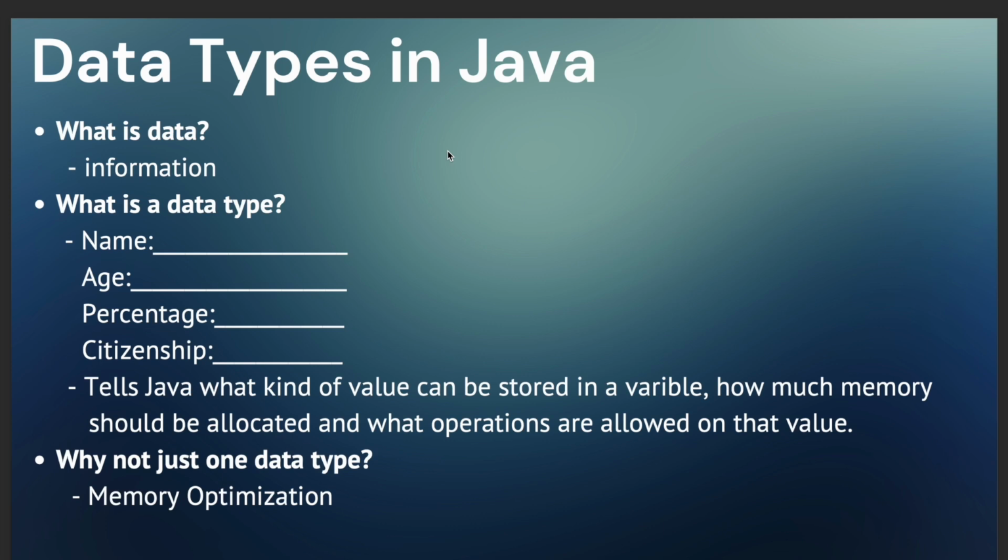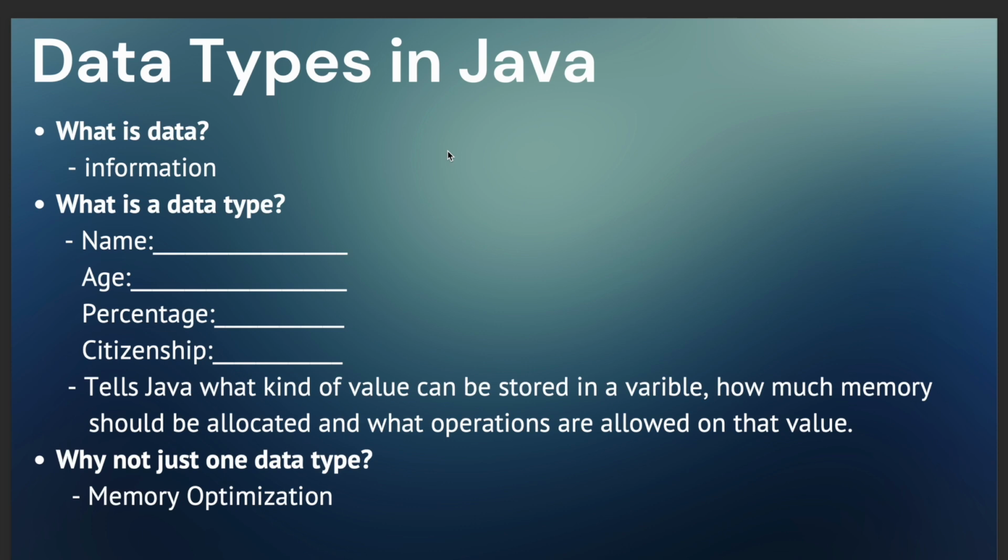Different applications store different kinds of information, but they all have one thing in common: they process data. Whether you are building a banking application, an e-commerce website, or a game, your program is constantly working with data. Let's look at some everyday examples: your name, your age, your salary, your phone number, your email address, your graduation percentage, your blood group, or whether you are eligible to vote. All of these are examples of data.